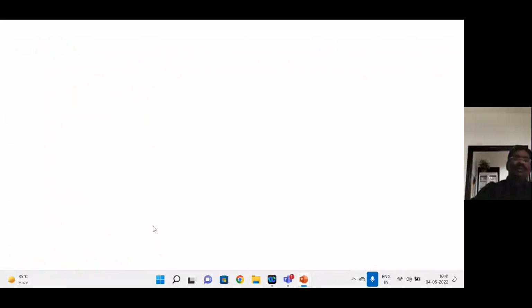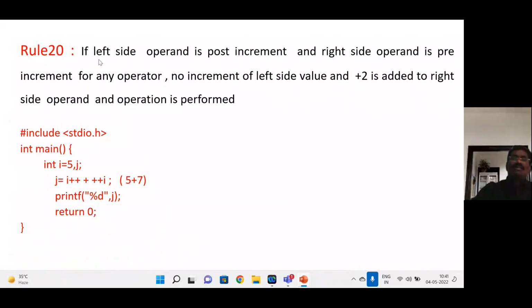And in the 20th rule, the same thing. If the left side operator is post incremented and the right side operator is pre-incremented for any operation, then no increment of the left side value is done and plus 2 is added to the right side operator, and the operation is performed.